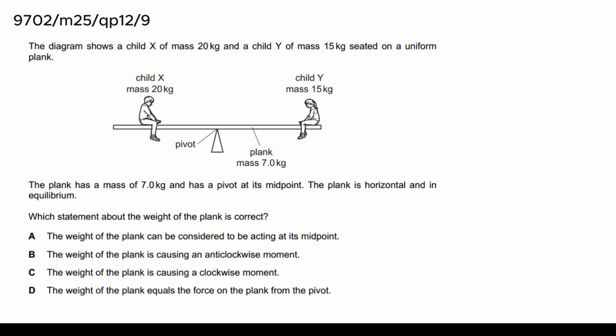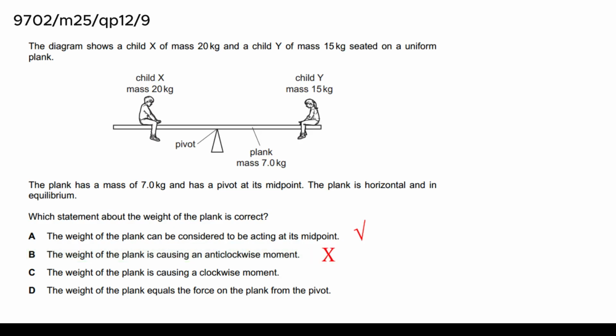Option A states that the weight of the plank can be considered to be acting at its midpoint. As the plank is uniform, the weight acts at the center of mass, which is the midpoint, and since the pivot is there, this is exactly how we treat it. So this is a correct statement. Option B, the weight of the plank is causing an anti-clockwise moment. This is not true because the perpendicular distance between the center of mass and the pivot is 0. It causes 0 moment.